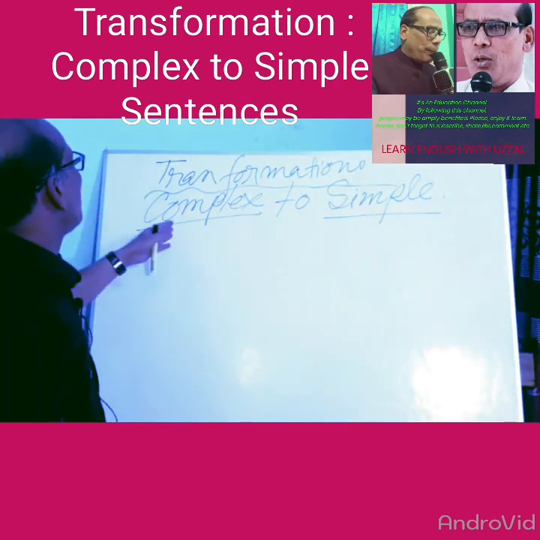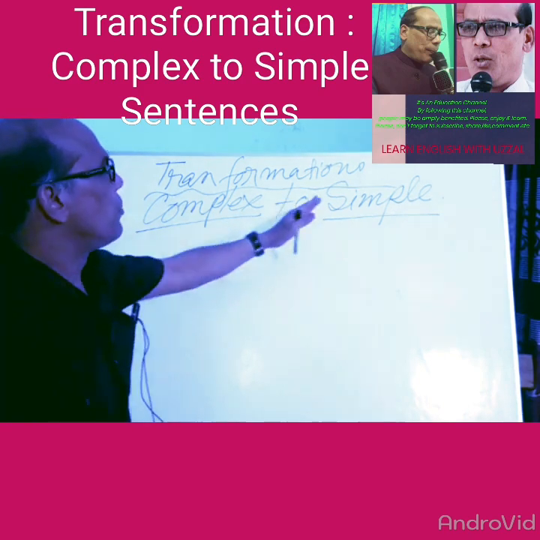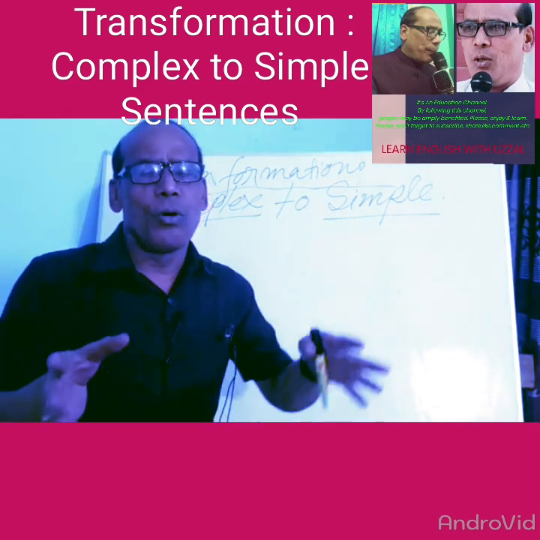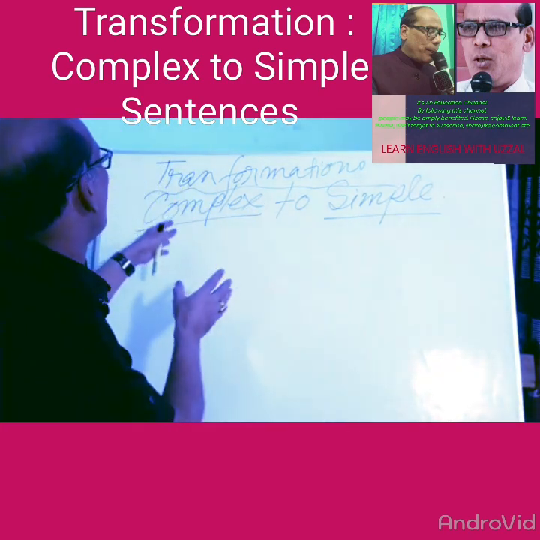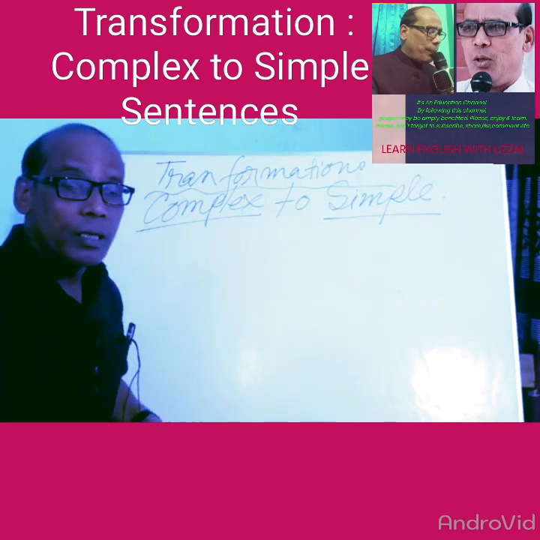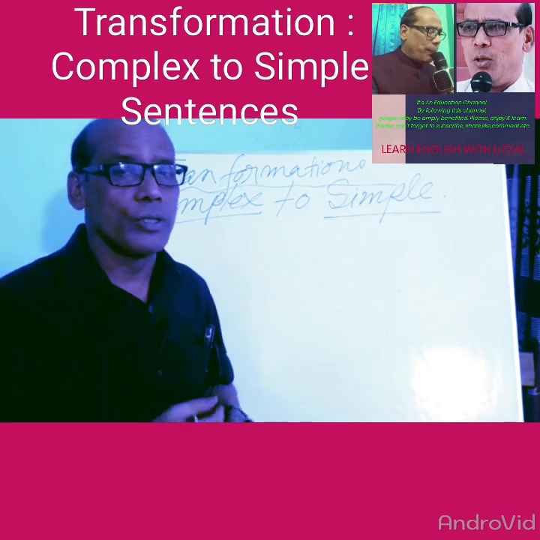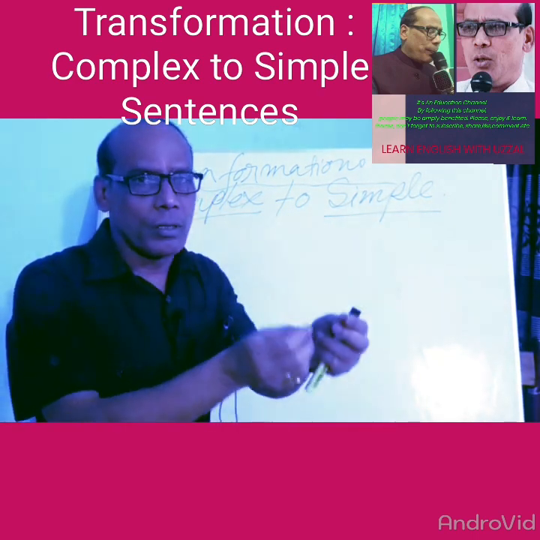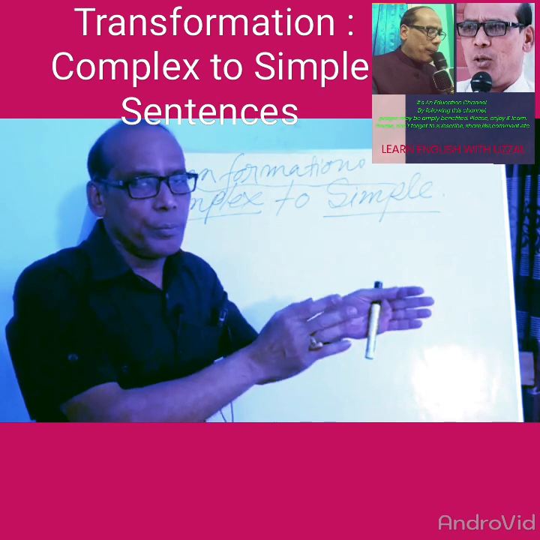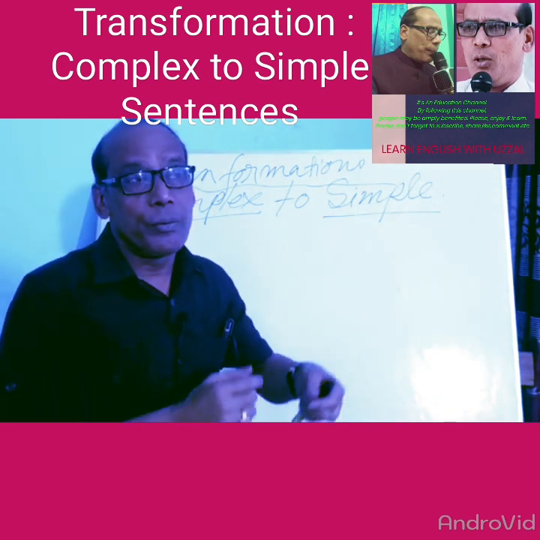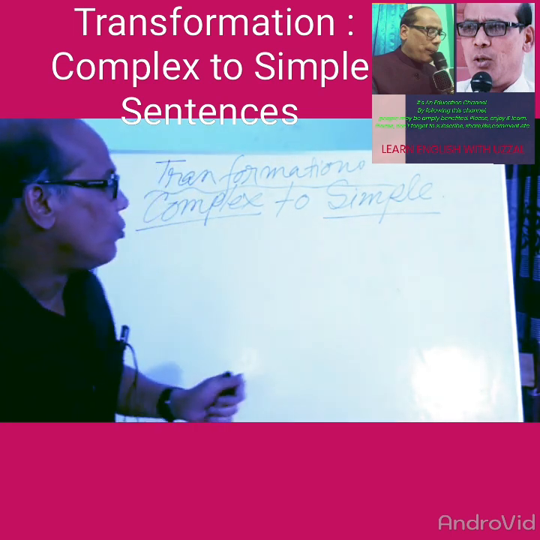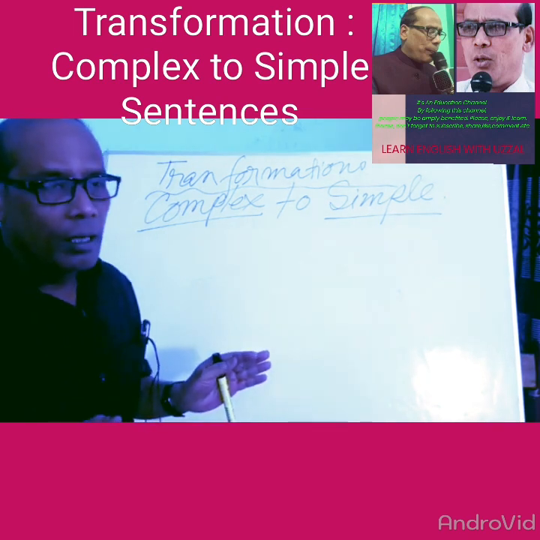That means if you think complex is a table and simple is a chair, you'll have to know what is what. For that reason, I'd like to mention again that complex is a sentence in which we find at least two clauses, a main clause and a subordinate clause. On the contrary, a simple sentence is a sentence in which we do not find any clause.